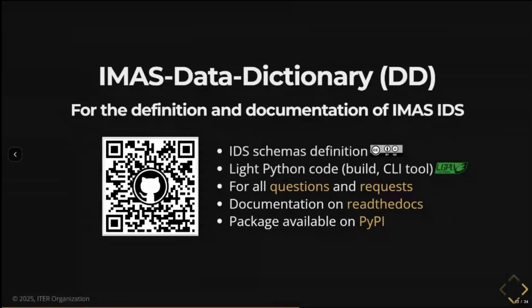So we are going to move everything that was done before on our Atlassian Jira platform, which was within the community, but it was a closed community because you needed an ITER account. Now this can happen on public GitHub pages. And you have, of course, all the documentation and the package available publicly.